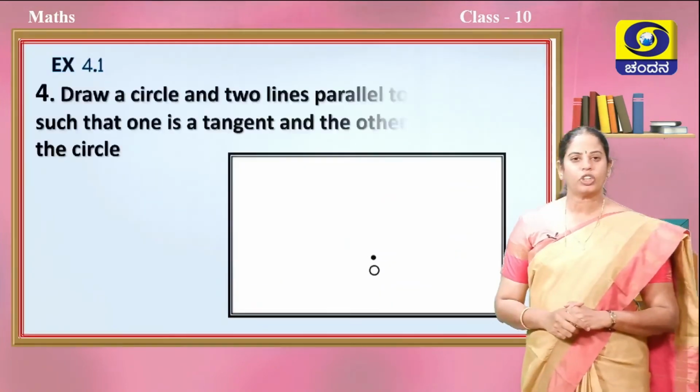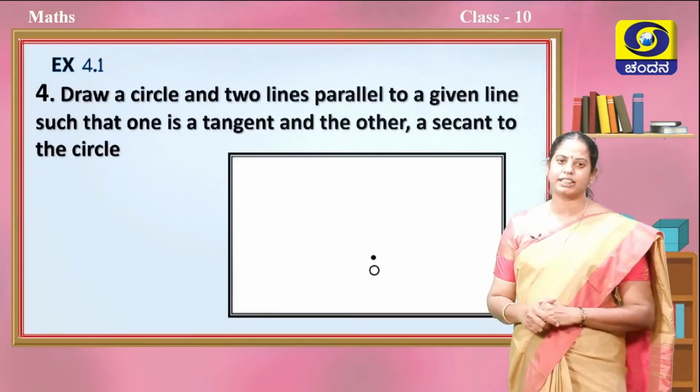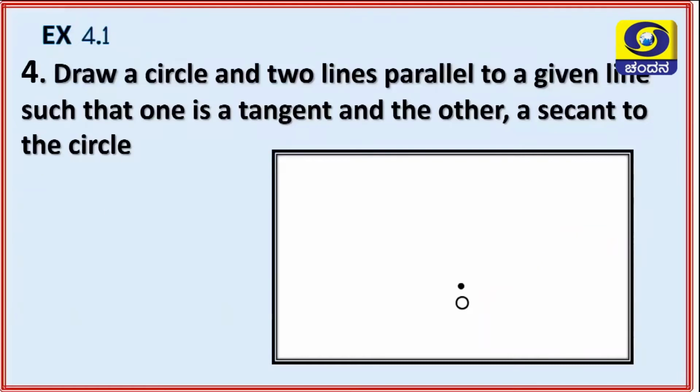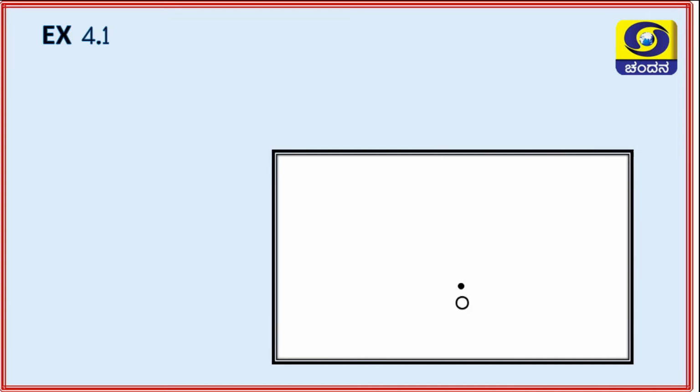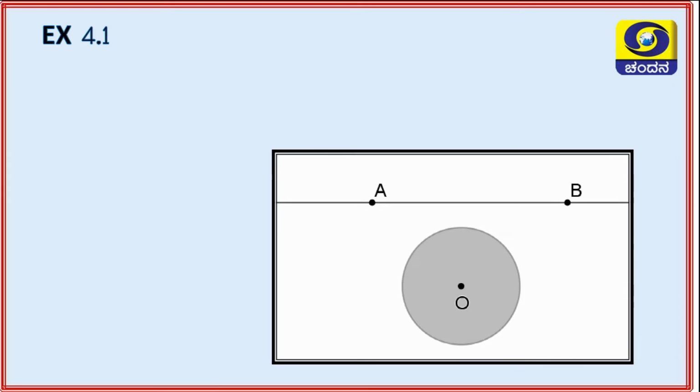One more question. The fourth question is like this: draw a circle and two lines parallel to a given line such that one is a tangent and the other a secant to the circle. I have shown you how to draw this with the help of a video. O is the circle, AB is the line outside the circle.